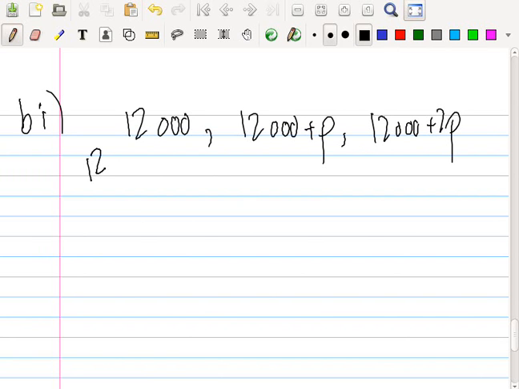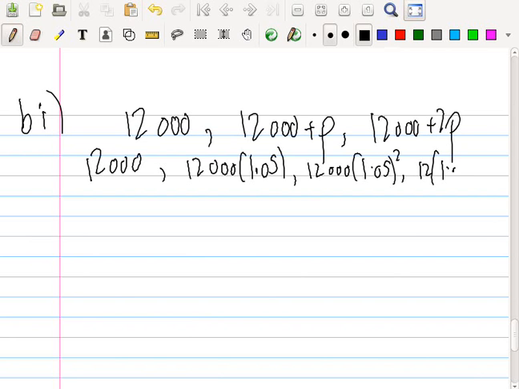So it's 12,000, and then 12,000 multiply 1.05, and then 12,000 multiply 1.05 squared, and then 12,000 multiply 1.05 cubed. So that's A's and B's.